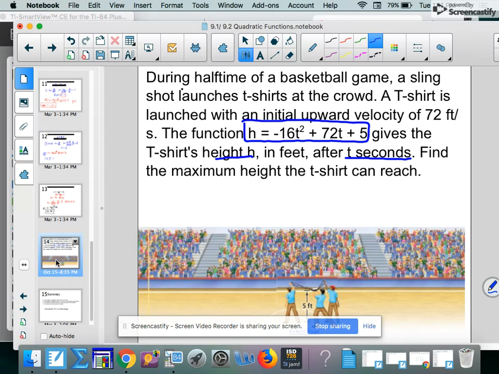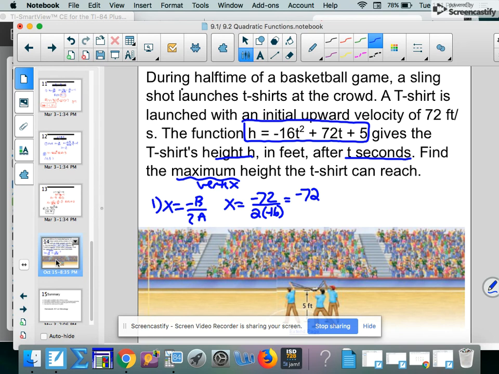So we've already talked about the maximum is the vertex. If they're asking you for the maximum, it's like asking you for the vertex. So we're just finding the vertex of this. Step 1 is -b over 2a. So x equals -72 divided by 2 times -16.